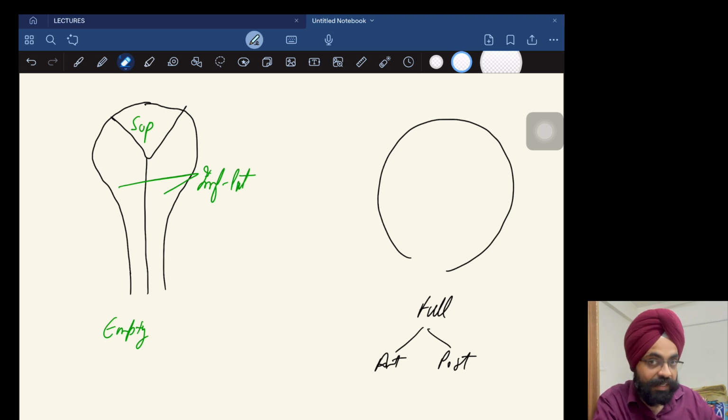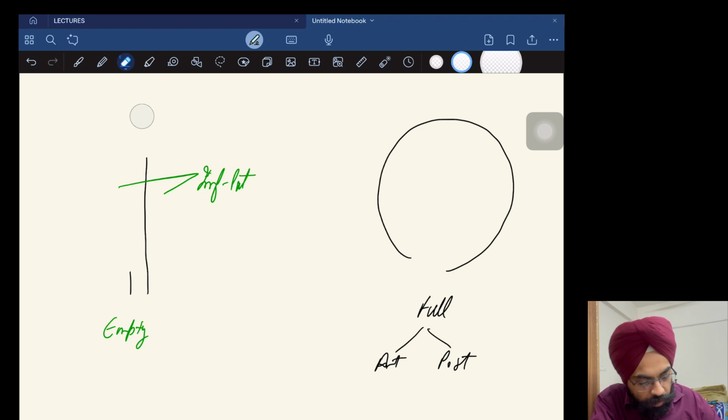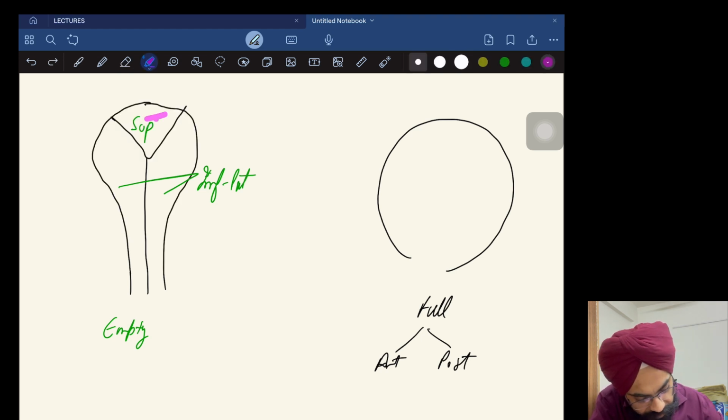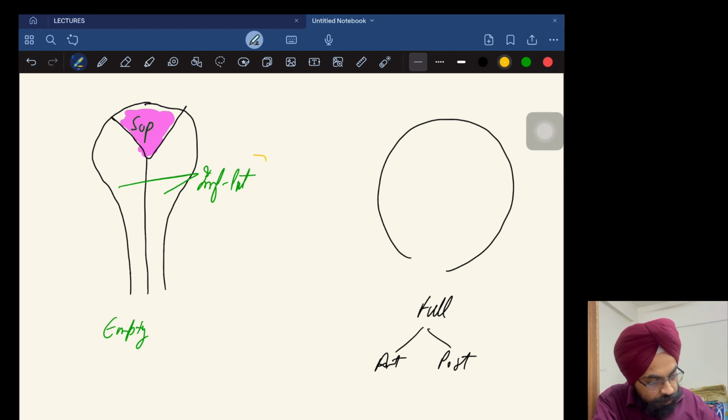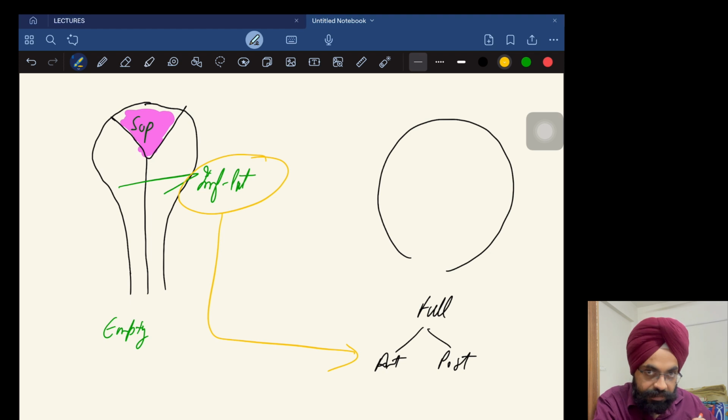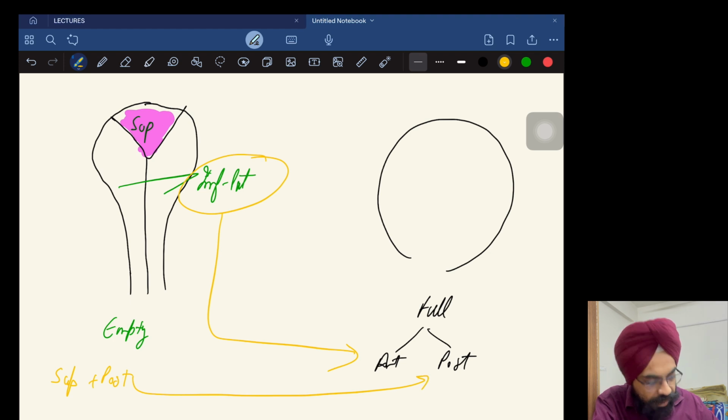Important point to note over here is when the bladder is empty, the peritoneum is attached on the superior surface. So when bladder becomes full, the 2 inferolateral surfaces become your anterior surface, superior plus posterior becomes your posterior surface.